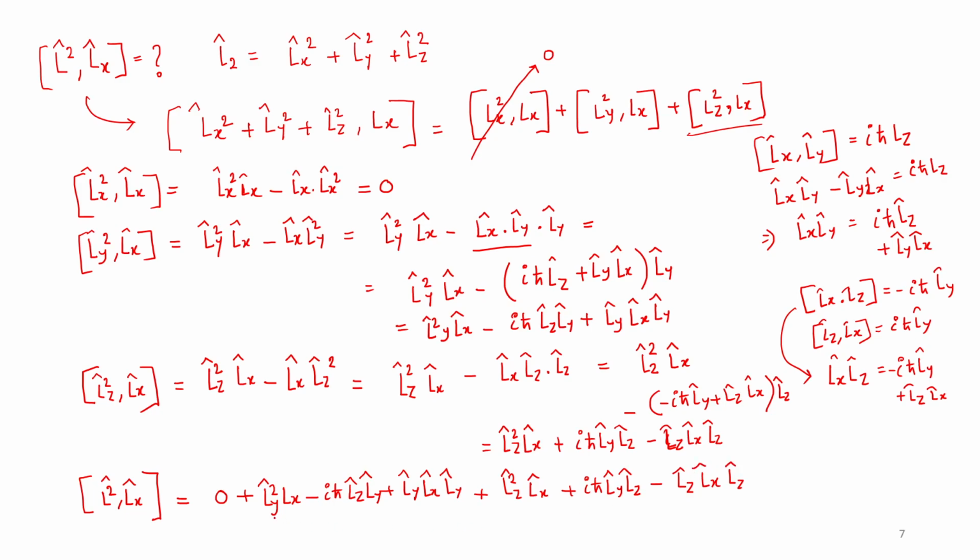Okay, so let's see what we can have, what we can cut. First let me take common of iħ, and minus of iħ, you get Lz Ly, and we have it here minus common, so we get Ly Lz.